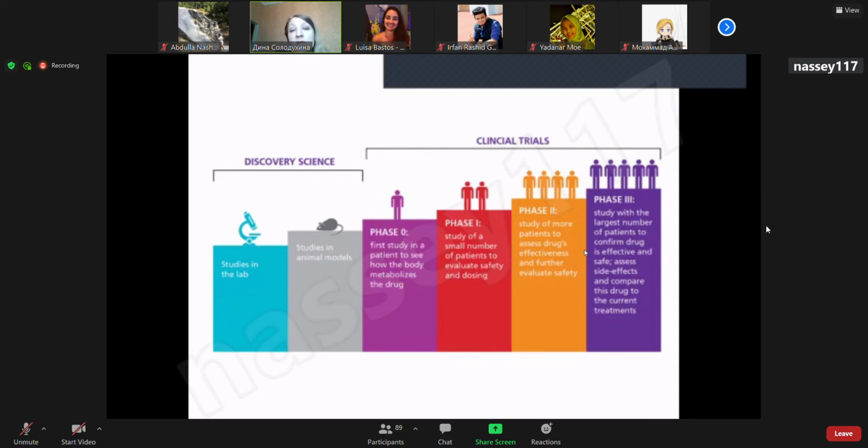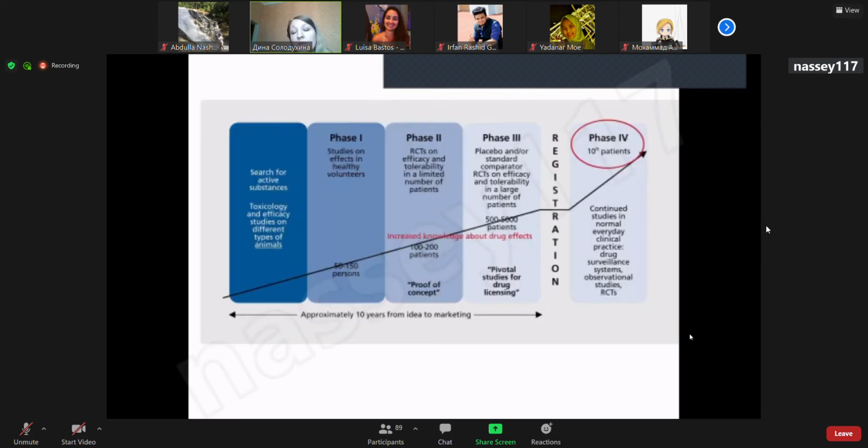So obviously, the process of investigation can take up to 10 years until a new method of therapy will be marketed, but in some cases we can make decisions about marketing even before the study has finished. So that's the case of the vaccine against coronavirus.